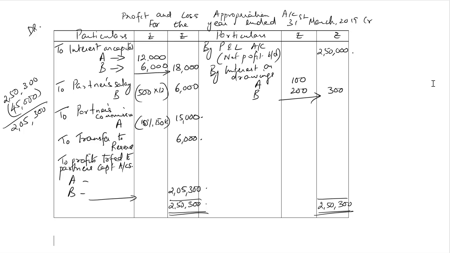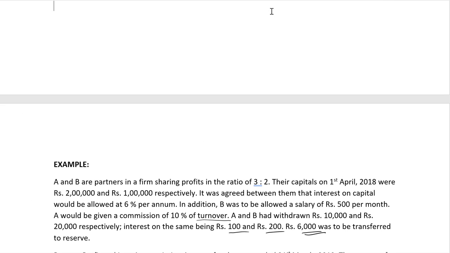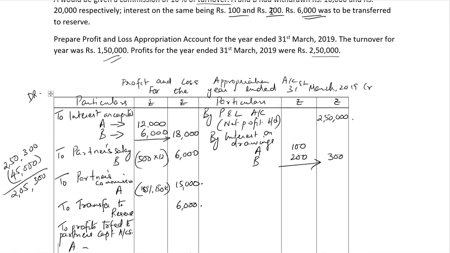On going back to the sum, we understand that the profit sharing ratio is 3:2. So the profits have to be distributed in the ratio of 3:2.